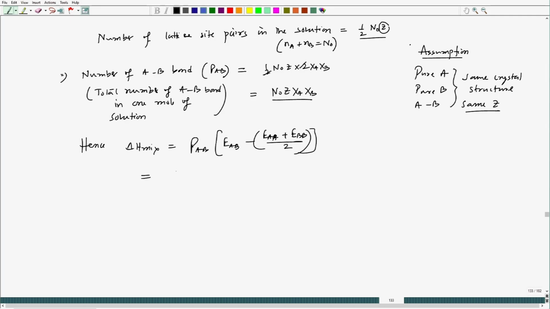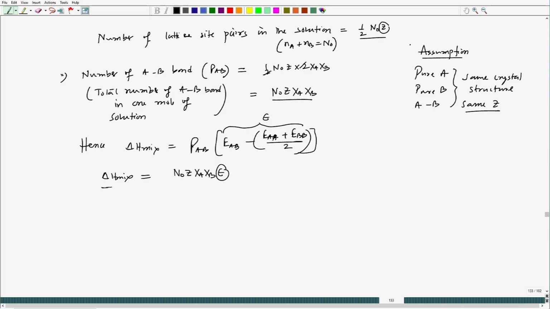So, then this is nothing but Avogadro number Z XA XB, and this is basically the difference of the bond energies, EAB minus (EAA plus EBB) by 2.